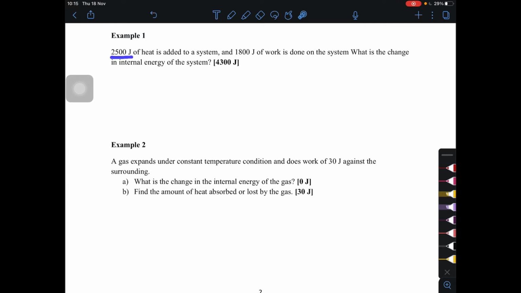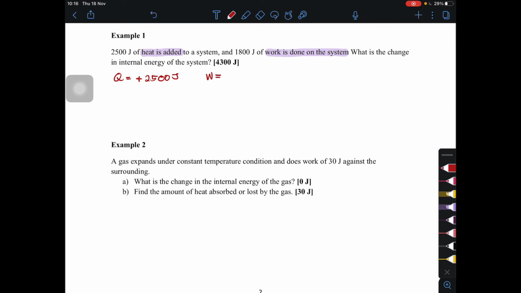Now let's look at the first example. 2,500 joule of heat is added to a system and 1,800 joule of work is done on the system. What is the change in internal energy of the system? Here we have the keywords: heat is added to a system and work is done on the system. When heat is added, Q will be positive, so positive 2500 joule.